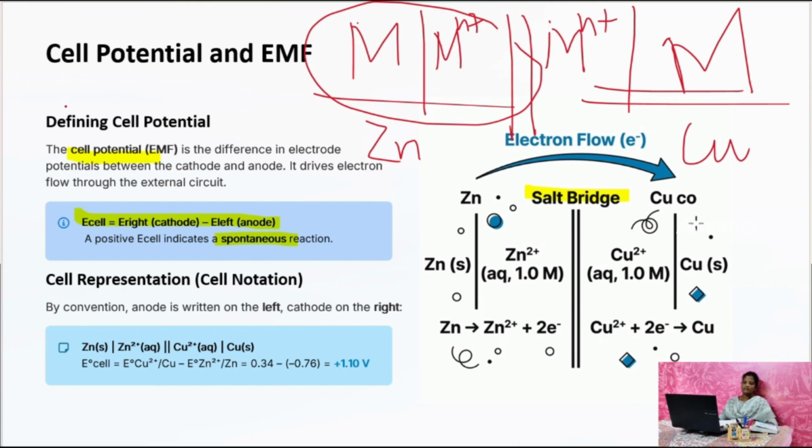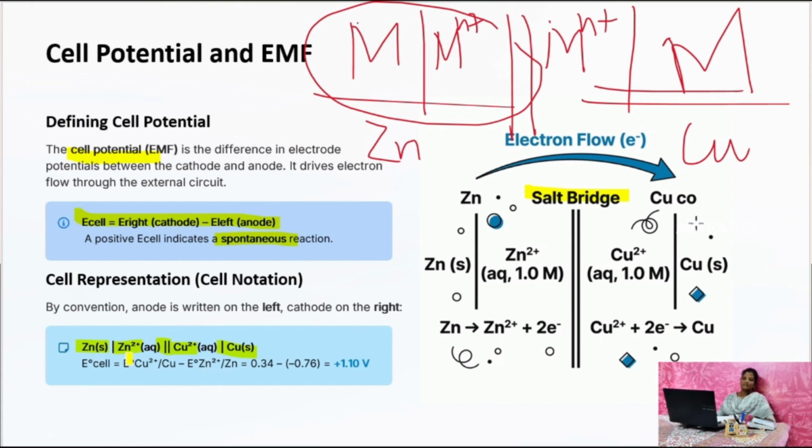Okay, so here you can see that in this, zinc solid form, vertical line, metal, the electrode dipped in the electrolyte, so that's why zinc 2 plus, solution form, double vertical line between the two beakers which has been connected as an internal circuit, salt bridge, so that is represented by double vertical line, copper 2 plus, again solution in which the electrode is dipped, and copper.